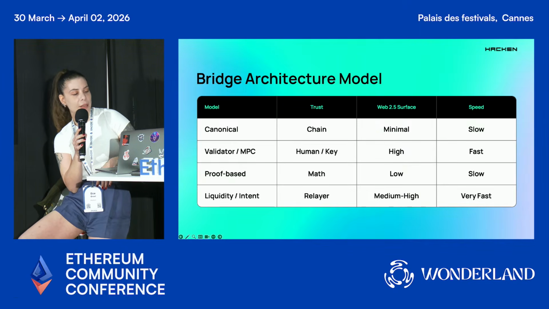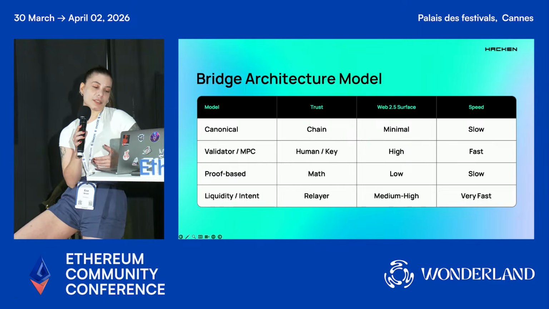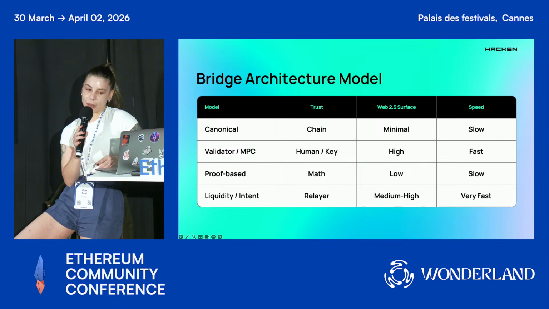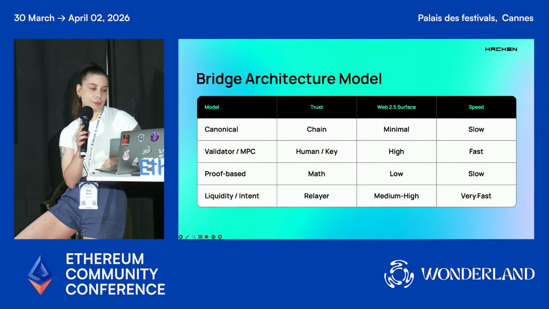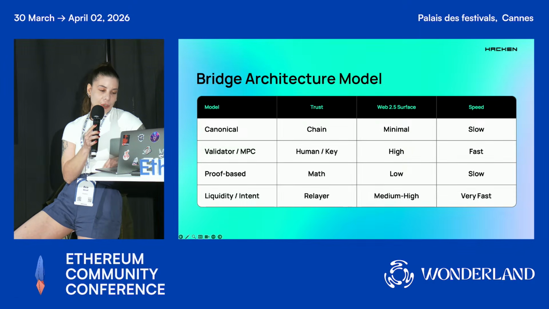The other one is proof-based. It trusts mathematics and ZK proofs. Low Web 2.5 attack surface, but it's really slow and expensive. By the way, the industry is moving here, but not fast enough. The other one is liquidity.